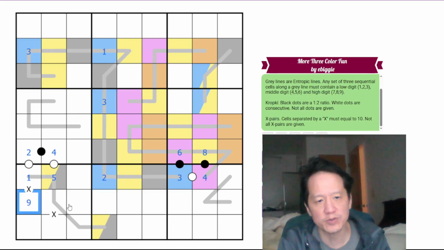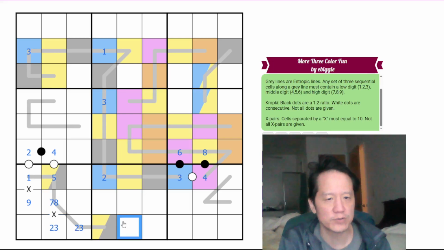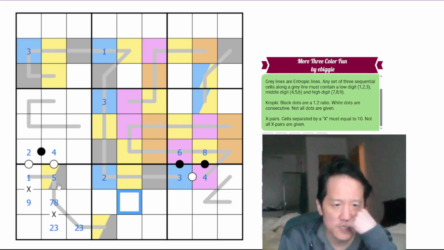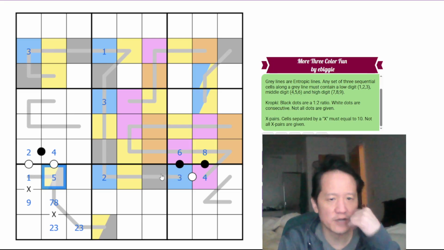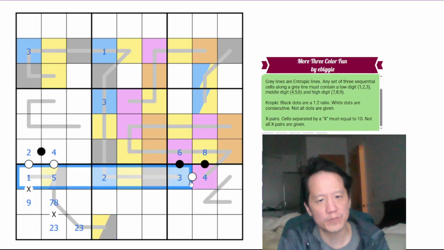So these are the possibilities. 1, 9, 5. This would have to be 2 or 3. This would have to be 7 or 8. So this is 2 or 3. And this would be 4, 5, or 6 here. So this would be 5, and it would be a gray. Therefore, this would be 6, which means this cannot be... Okay, so this is how this works if this is 2, 4.